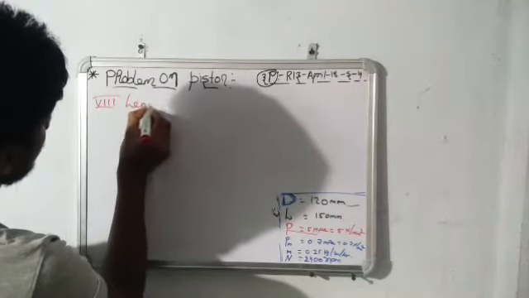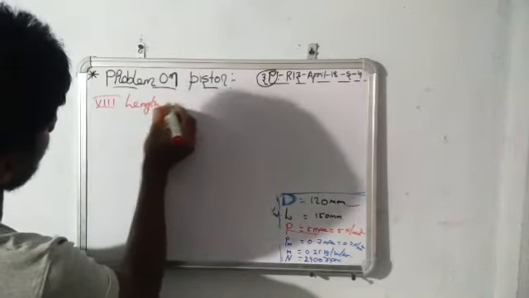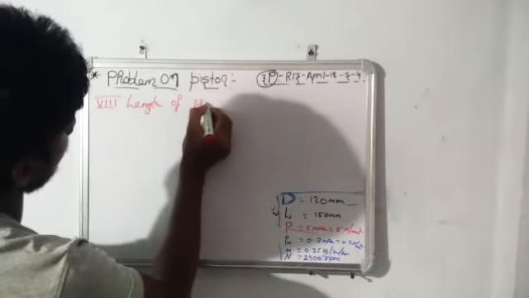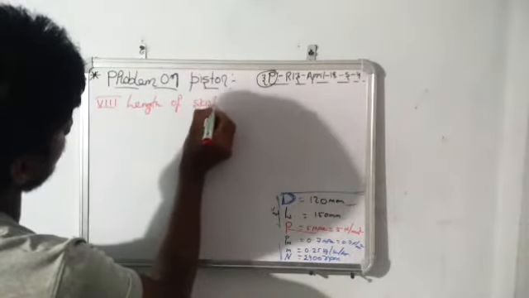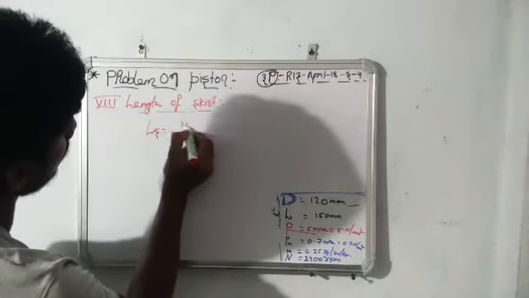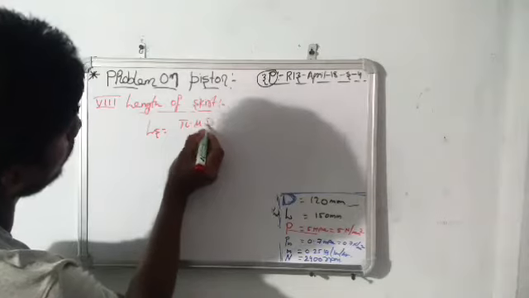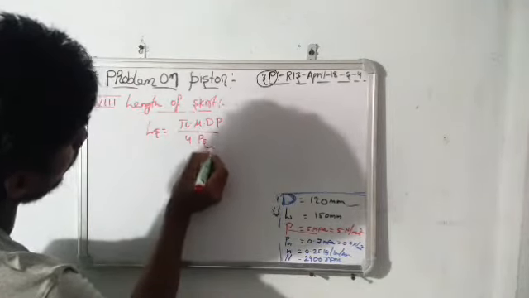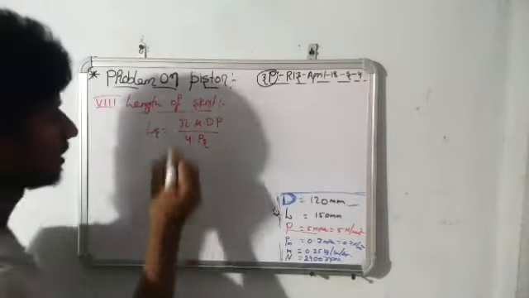Length of the skirt. LS equals pi into mu into D into P by 4 PS. So let's see that one.